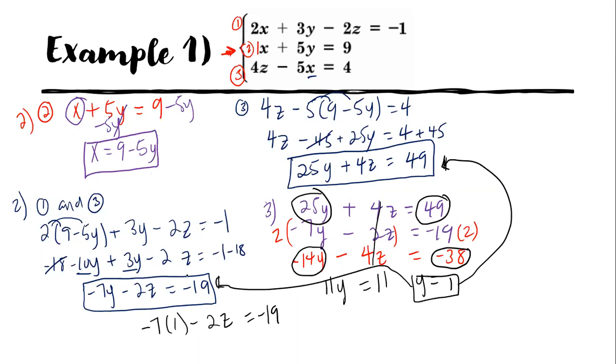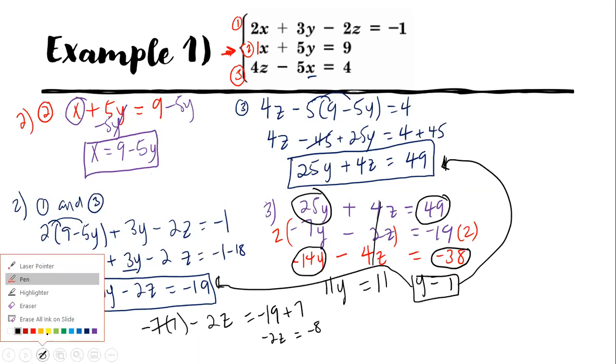So we're going to add 7 to both sides, gives us negative 2z equals negative 12. I don't know what kind of math I just did there, y'all.